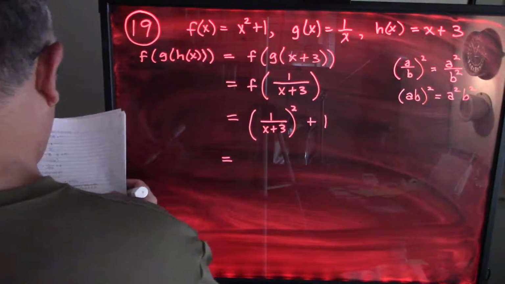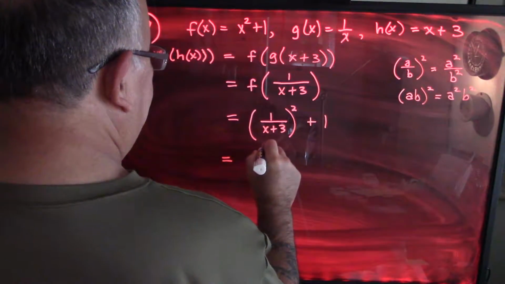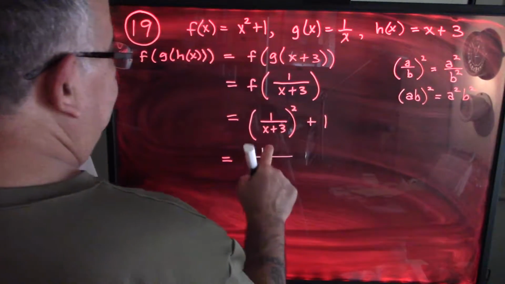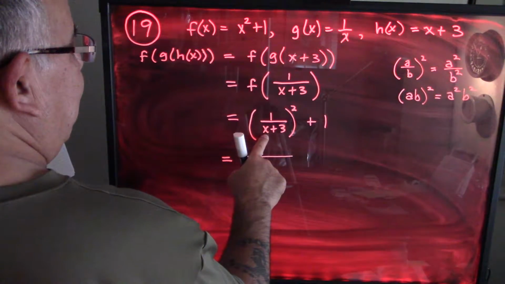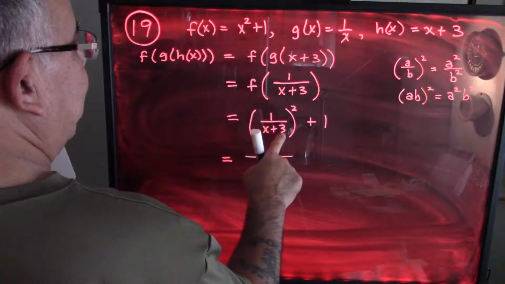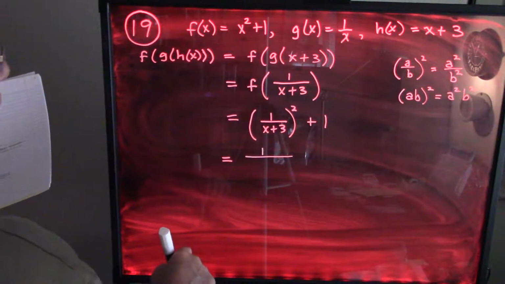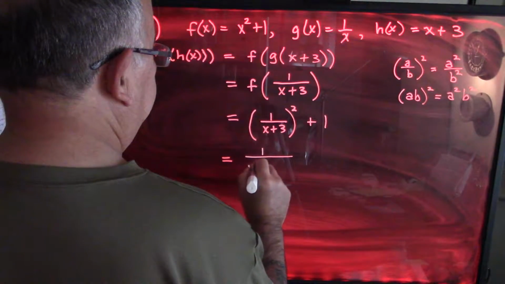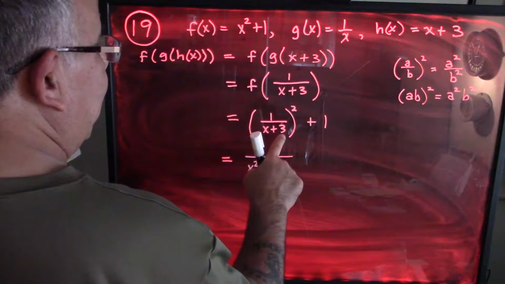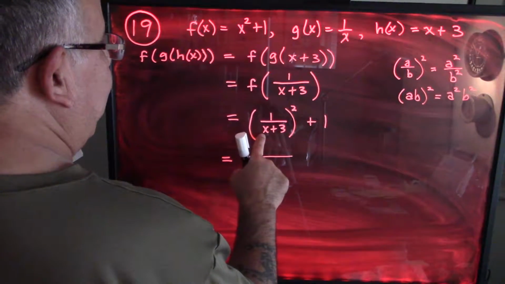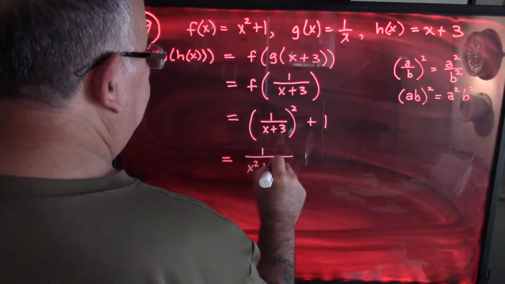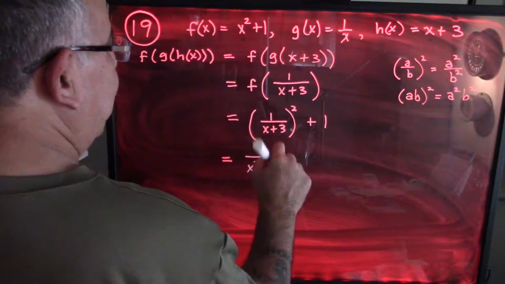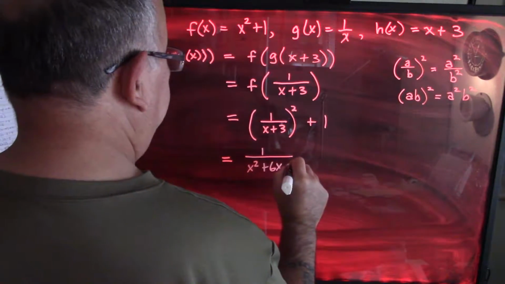So what is x plus 3 quantity squared? It's a squared plus 2ab plus b squared, remember that? So x squared plus 2 times 3 is 6 times x is 6x, plus 3 squared, which is 9.